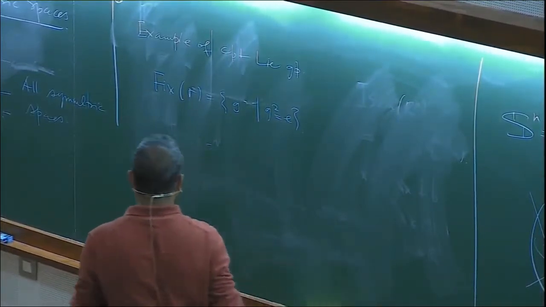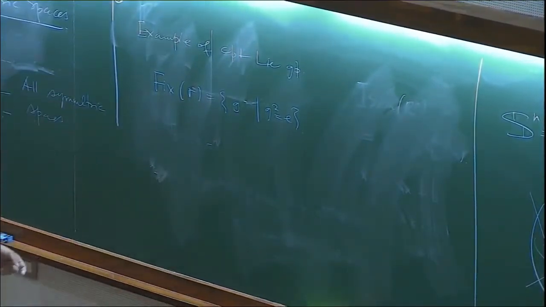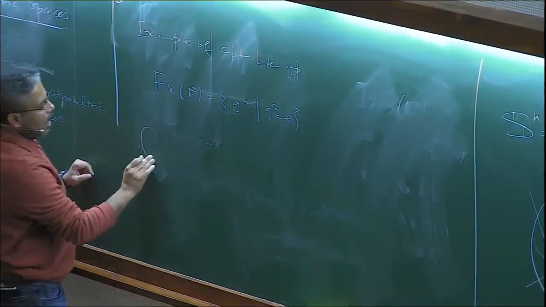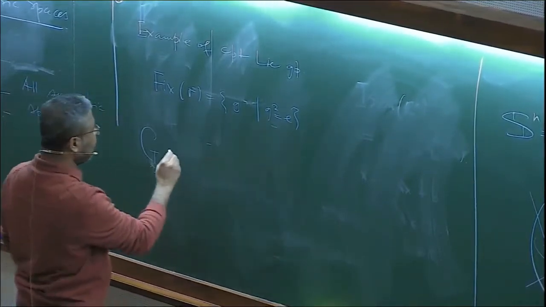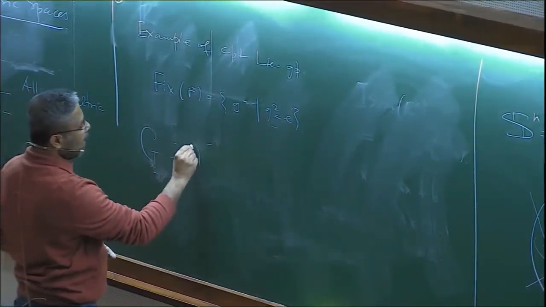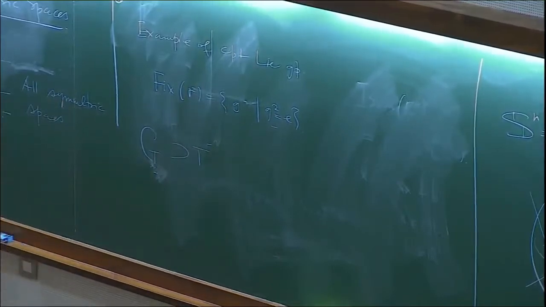So how to get a square to such an element? You take something called a maximal torus, which is just a product of copies of circles.